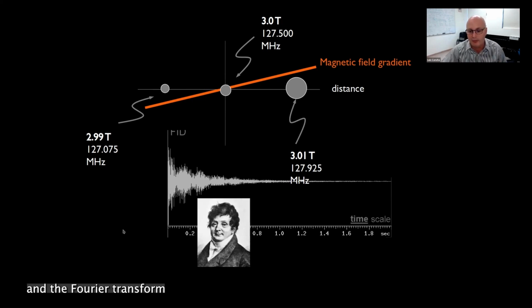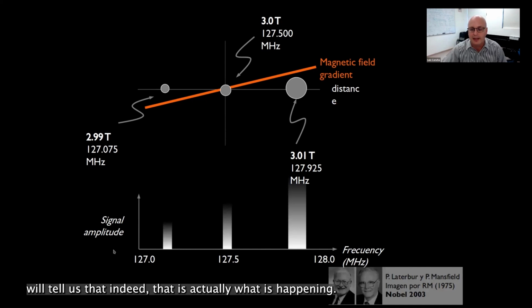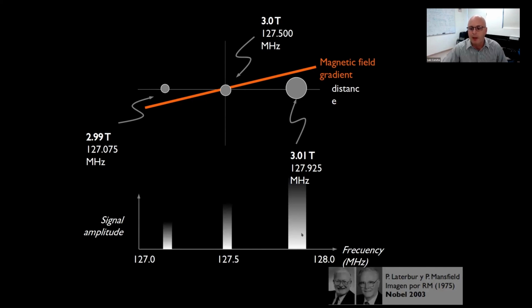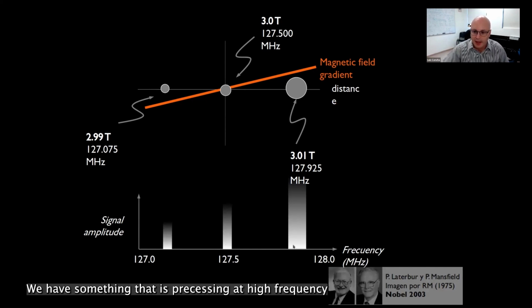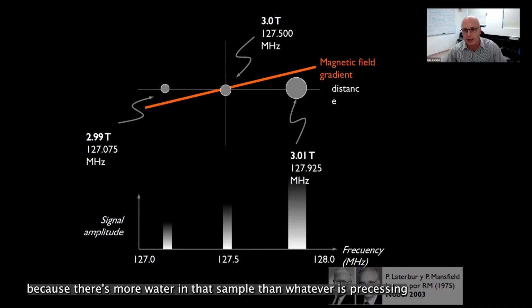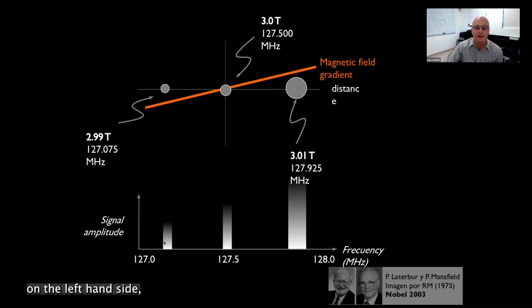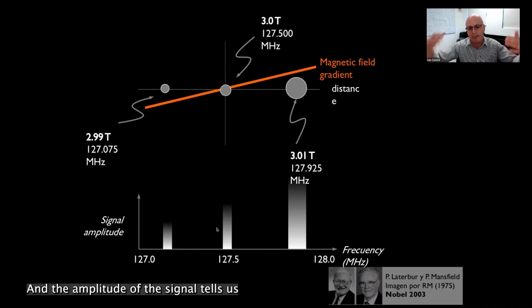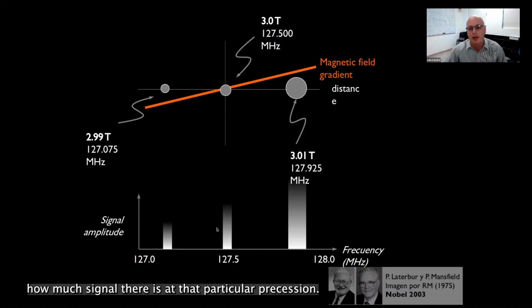And the Fourier transform will tell us that indeed that is actually what is happening. We have something that is precessing at high frequency and actually has a high amplitude of the signal because there's more water in that sample than whatever is precessing on the left-hand side, and the middle precessing at different frequencies, and the amplitude of the signal tells us how much signal there is at that particular position.